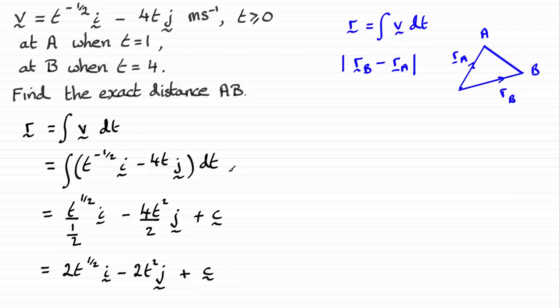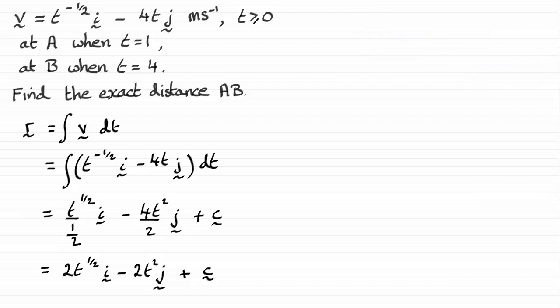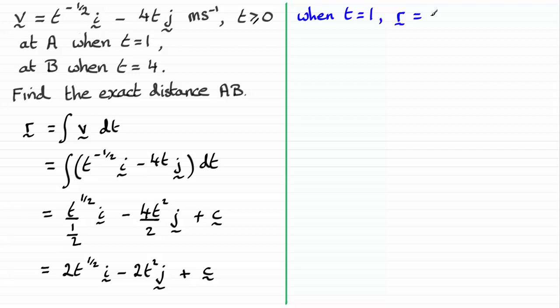So now I'm just going to get the position vectors RB and RA. I'll remove this, so we'll just come down here now, and I'm going to get RA, that's when t equals 1. When t equals 1, we know r will equal RA. I've just defined that myself for that part.